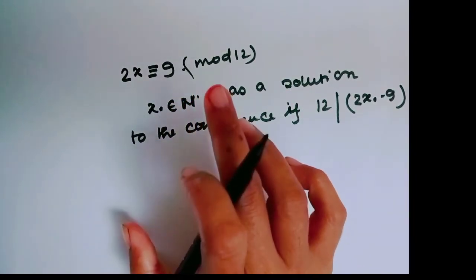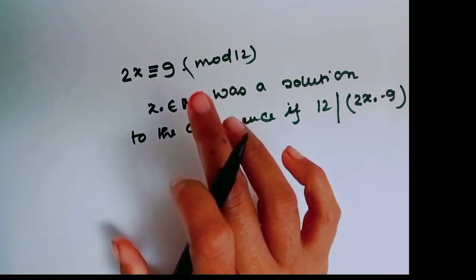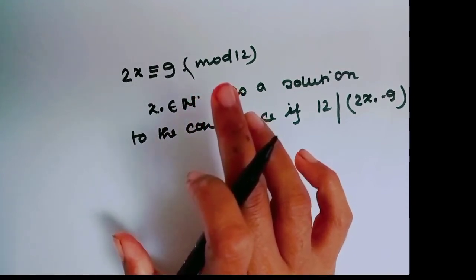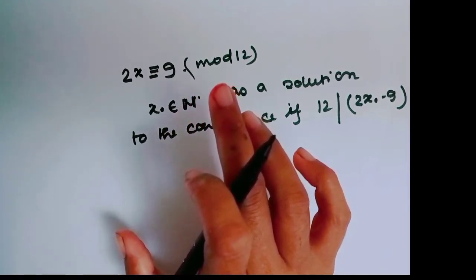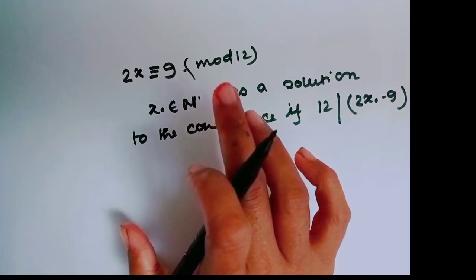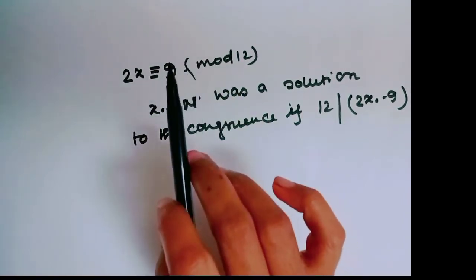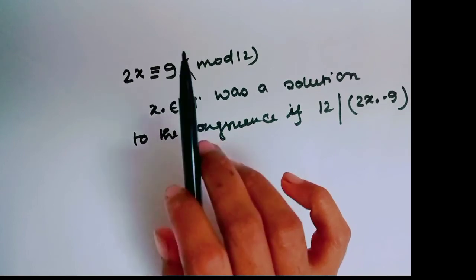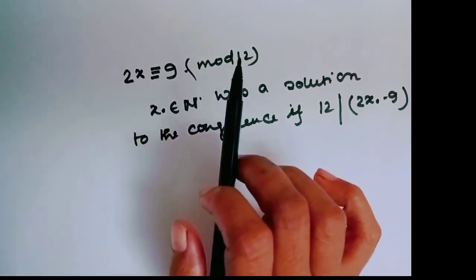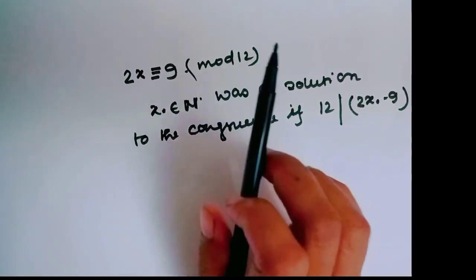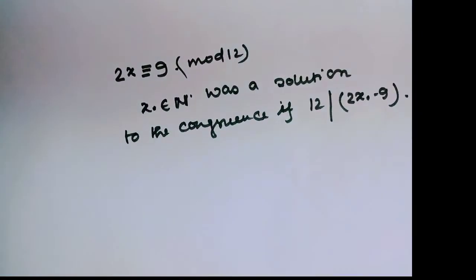This divisor, 2, should divide 9. When the common divisor divides the other number, then it has a solution.